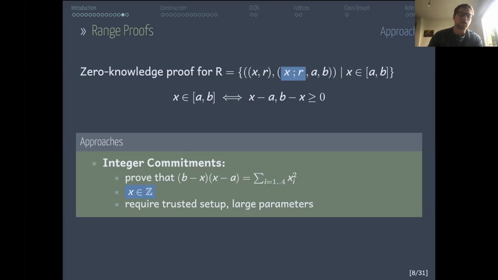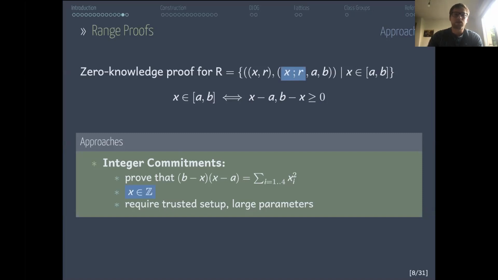So for this, we need integer commitments. And in general, these are built over RSA or class groups with trusted setup, and they require quite large parameters. So the last 2 points are something we want to avoid, but still we want to try to make this square decomposition work without these stronger assumptions.